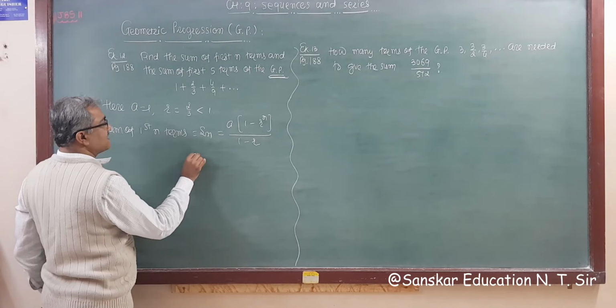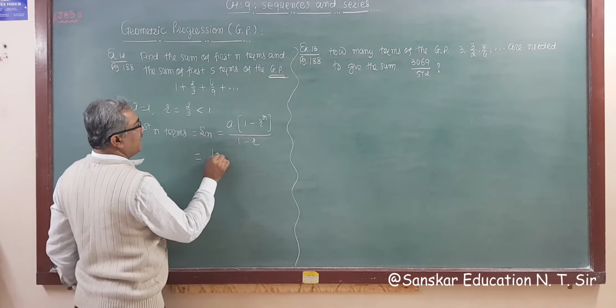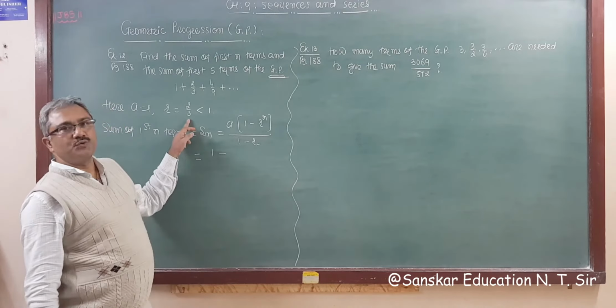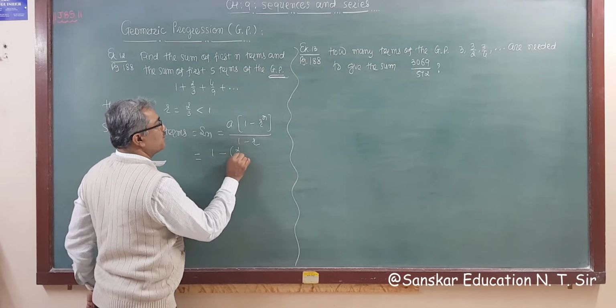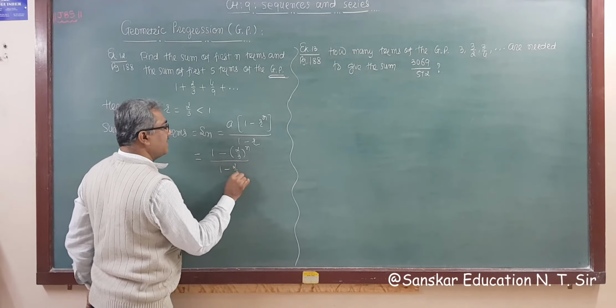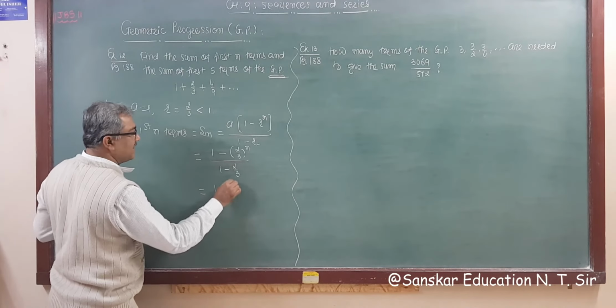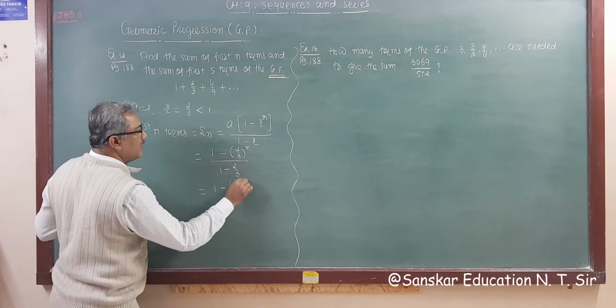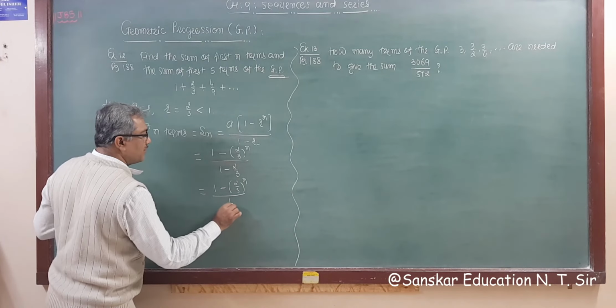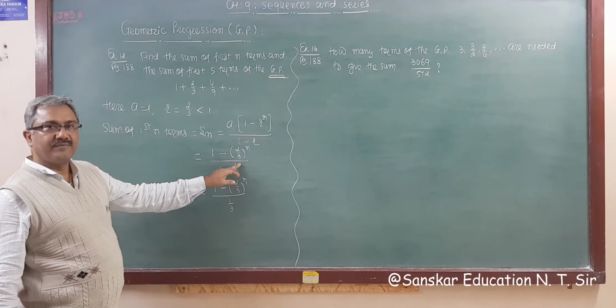So Sn is equal to a, and a is 1. Now r is 2 by 3, so this is 1 minus 2 by 3 whole raised to n, whole upon 1 minus 2 by 3. If we simplify this, we get 1 minus 2 by 3 whole raised to n upon 1 upon 3, because if we take LCM, 3 minus 2 is 1 upon 3.